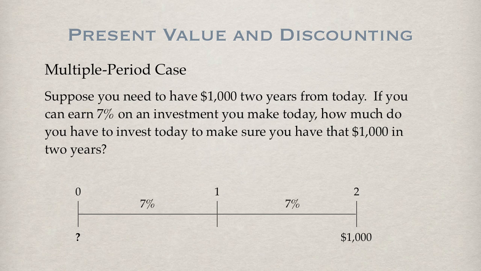As we see on the timeline, we know that we will receive $1,000 at the end of 2 years, and that we will receive 7% on whatever investment we make today in year 0. This 7% is known as a discount rate because we are discounting the $1,000 we need in 2 years by 7% to arrive at the amount that currently needs to be invested.